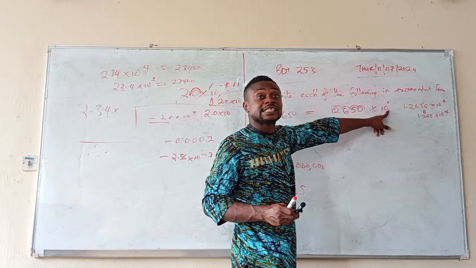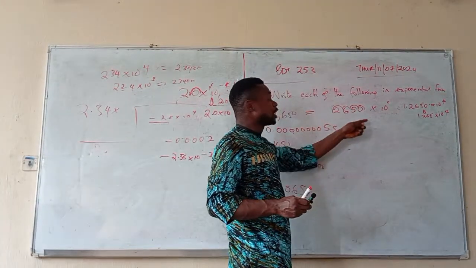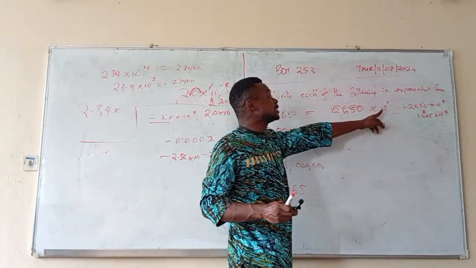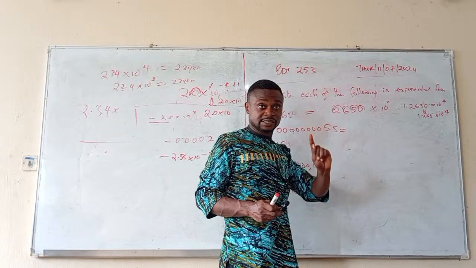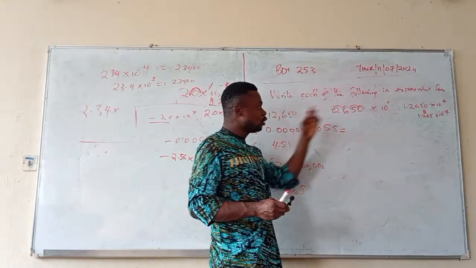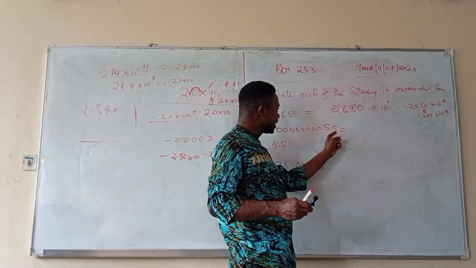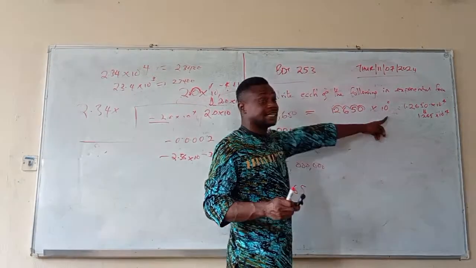What is there is 3 to the power 0, because this number times 3 to the power 0 is the same as this number, because 3 to the power 0 is 1. If you know your laws of indices, anything raised to 0 is 1. So this is the same as saying this number times 3 to the power 0.